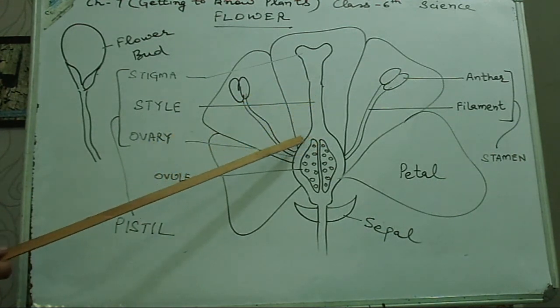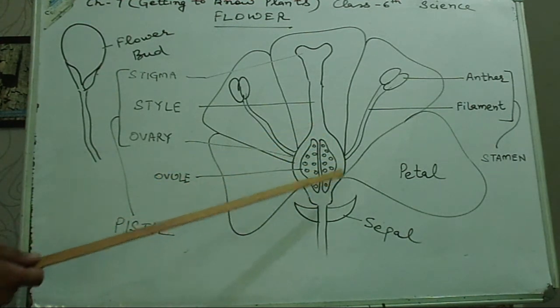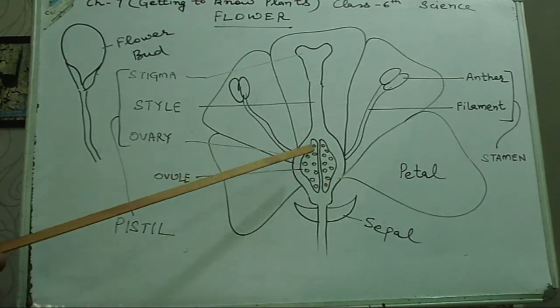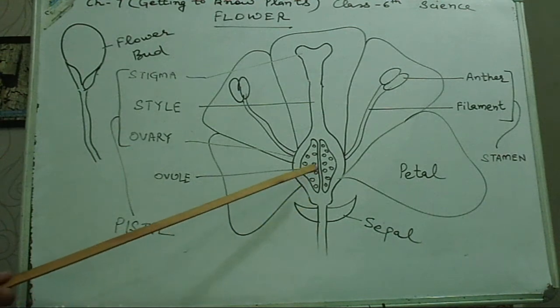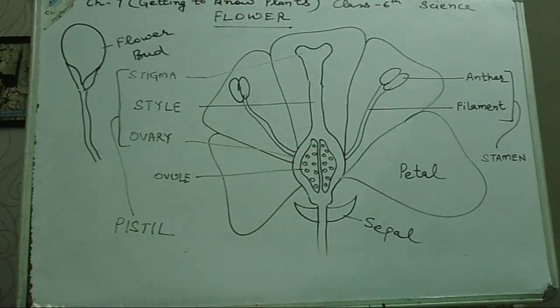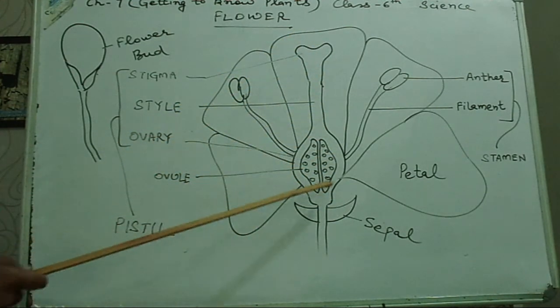Next to the style, the swollen part in the center of the flower is called the ovary, and the ovary contains so many ovules in the center, and these ovules contain female gametes that help in sexual reproduction in plants.